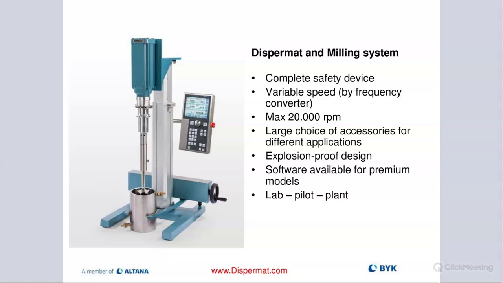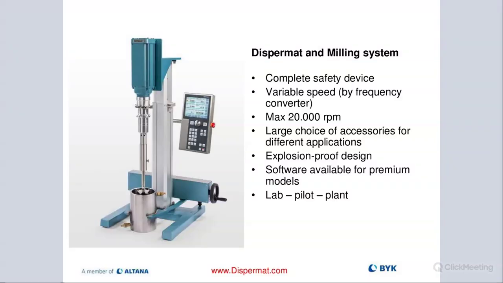The smaller models obviously have higher RPMs, allowing you to get to that critical tip speed of 18 to 25 meters per second, even when you're using super small blade diameters. Some people have product volumes less than 100 milliliters, so they maybe want to use a 20 millimeter diameter dispersion blade.